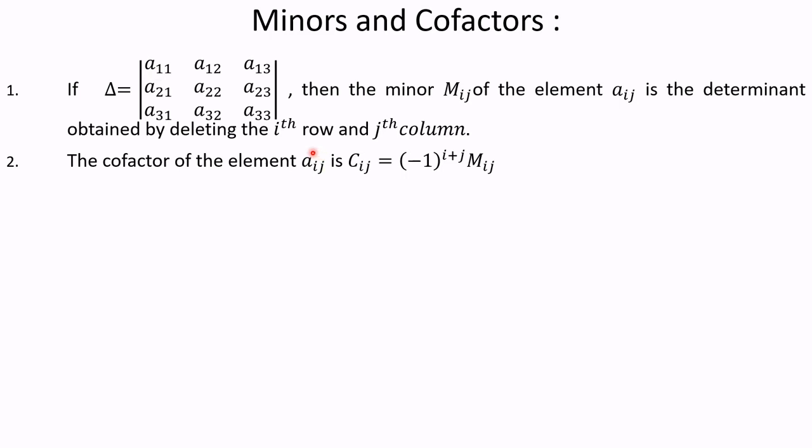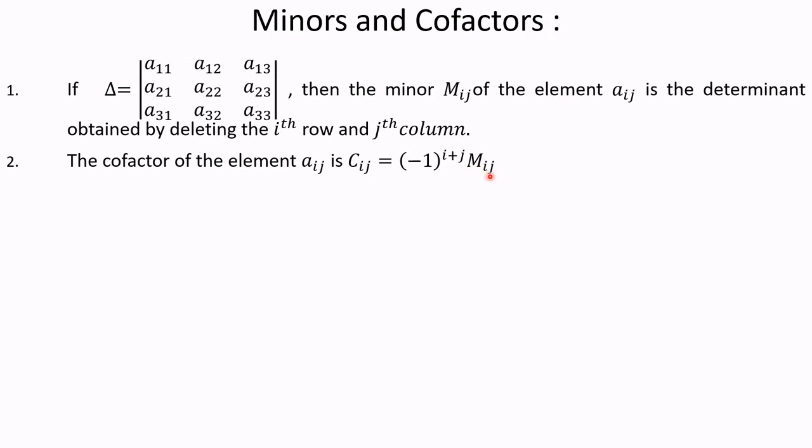In this case, the cofactor of A11 is C11, and it is calculated with a sign convention, pre-multiplied by the factor minus 1 to the power of i plus j. For A11, i equals 1 and j equals 1. Therefore, C11 will be equal to minus 1 to the power of 1 plus 1, that is minus 1 whole square, into M11.